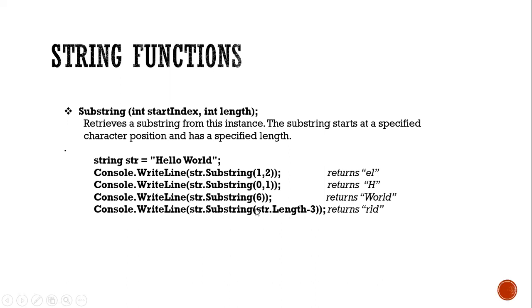If I say string length, which is 11 in this case, minus 3, then the starting point would be 11 minus 3, which is 8. So I'll say 0, 1, 2, 3, 4, 5, 6, 7, 8. So it starts with R until the end, RLD. In this way, you can use the Substring function to get a part of the string.